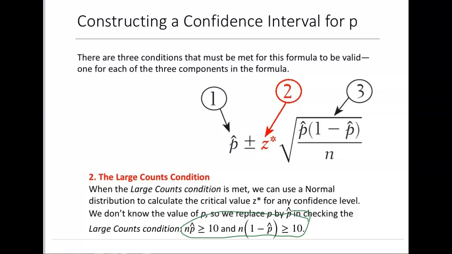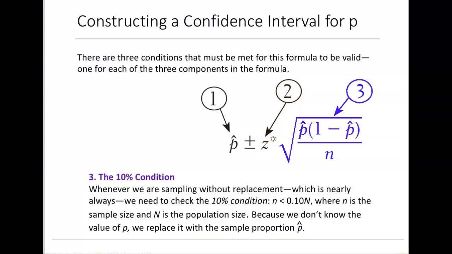The last one is a check for independence. We call that the 10% condition. And that's just that your sample size is less than 1/10 of the population. The way I usually check this, it's a little easier, is just multiply your sample size by 10 and make a statement that it's safe to assume that that's less than the population size.